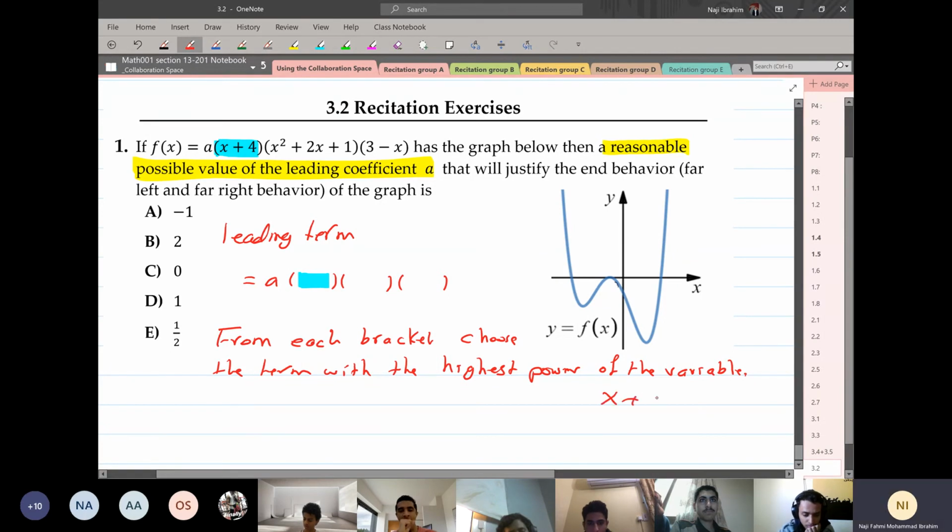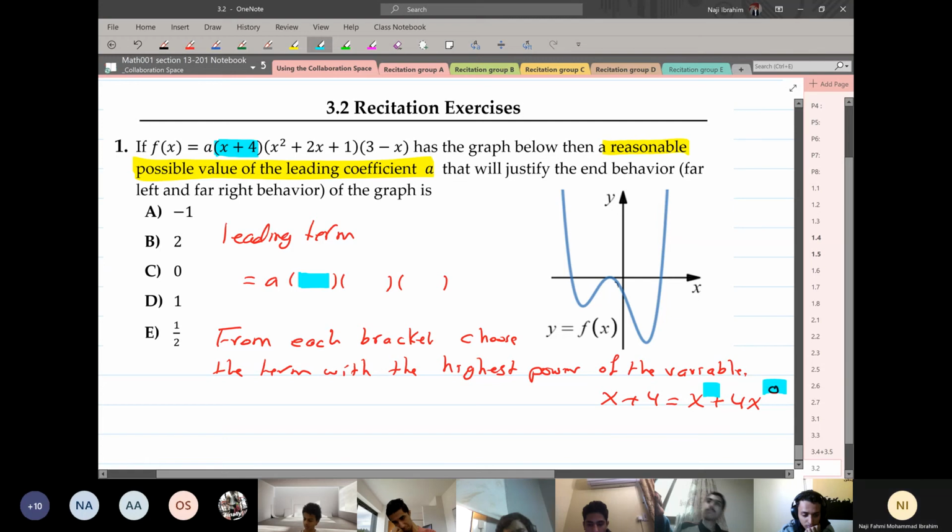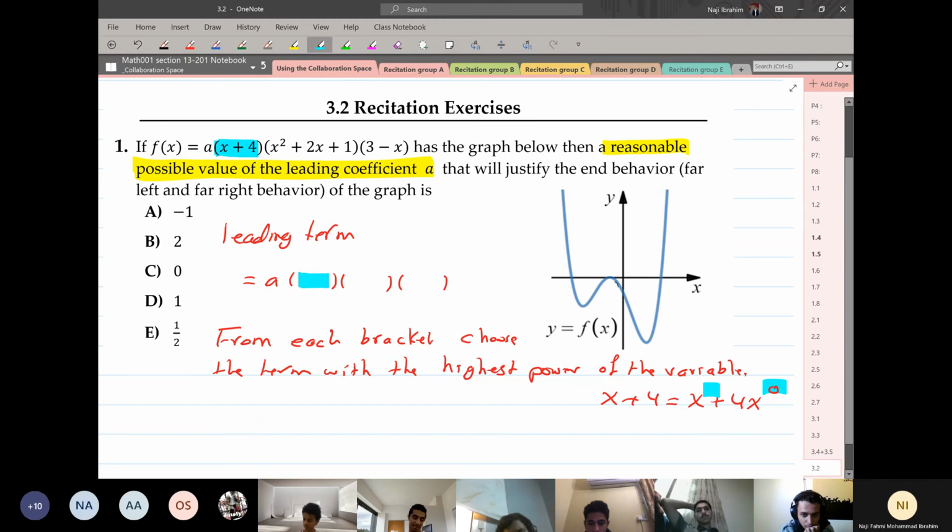Anyway, when I say x plus 4, can I say this is x plus 4 times x to power 0 or not, ya Hussam? No, doctor. Why no? Minus 1, doctor. Now, what's the power of x in the first bracket?